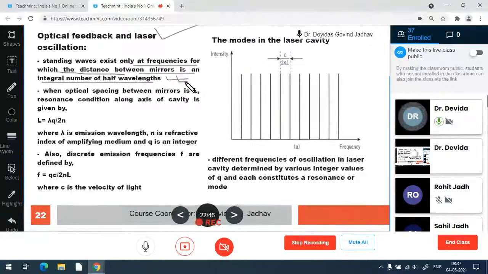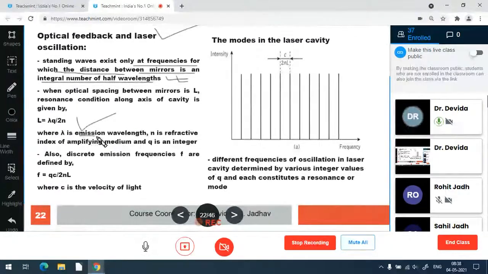So discrete frequencies are supported, which have half waves that are an integral multiple of the distance L between the mirrors. So in the optical spacing between the mirrors, the resonance condition, L is given as L equal to q lambda by 2. We have discussed this figure and equations, and the other equations we have derived from it.